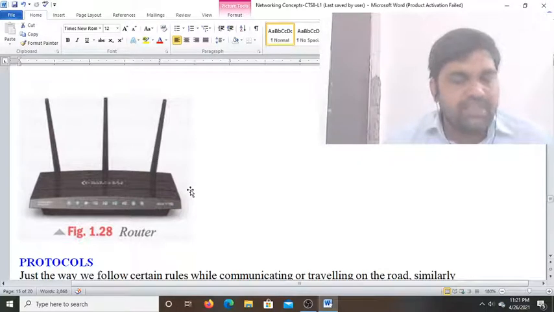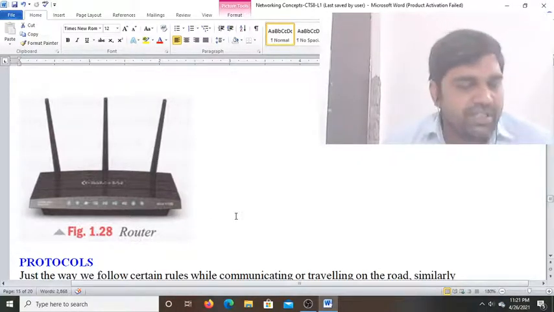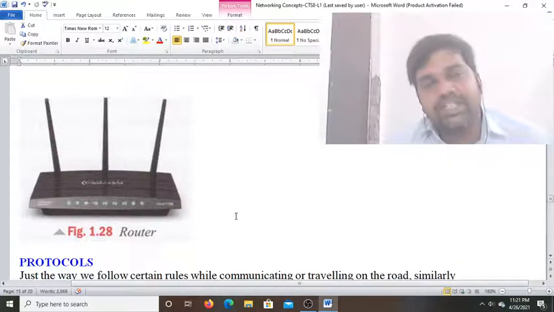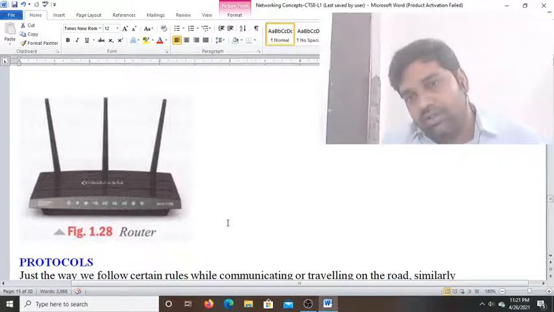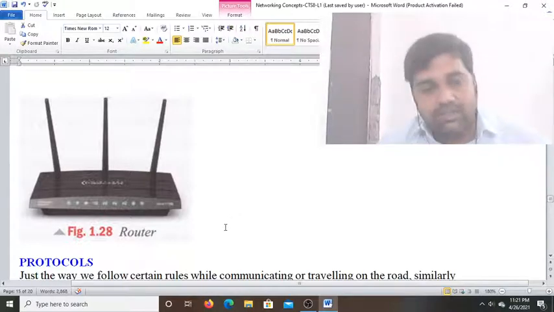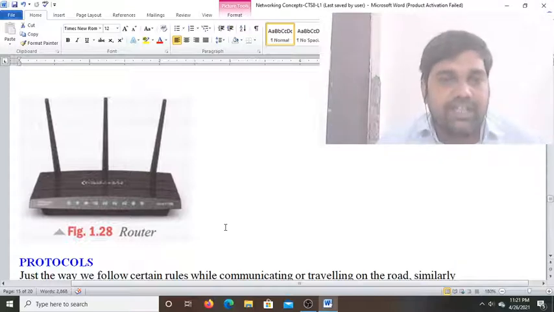Next is the bridge. A bridge is a type of repeater. So what is a repeater used for? A repeater is used to regenerate signals. Sometimes, if the data we send over a network travels a long distance, the data signal becomes weak.